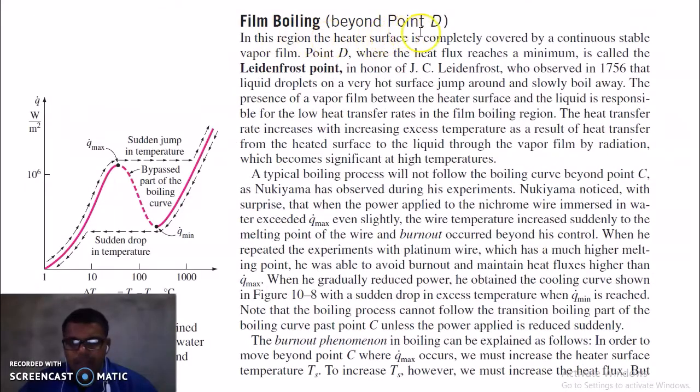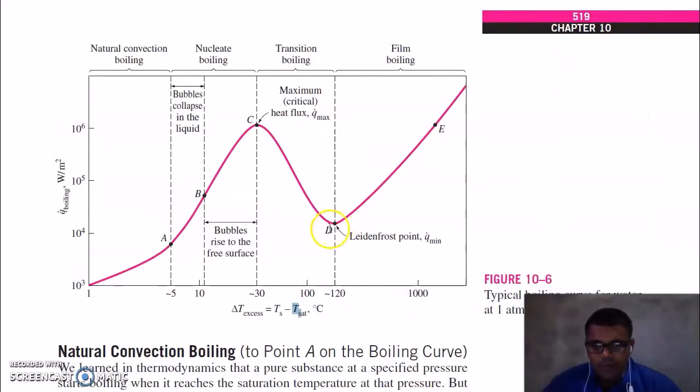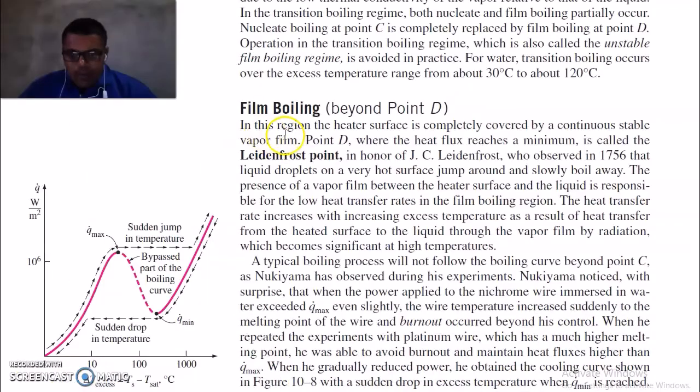Film boiling is beyond point C. So beyond point C, D to E is your film boiling, and this point is called the Leidenfrost point. At this point, your heat flux is minimum. In this region, the heater surface is completely covered by a continuous stable vapor film.